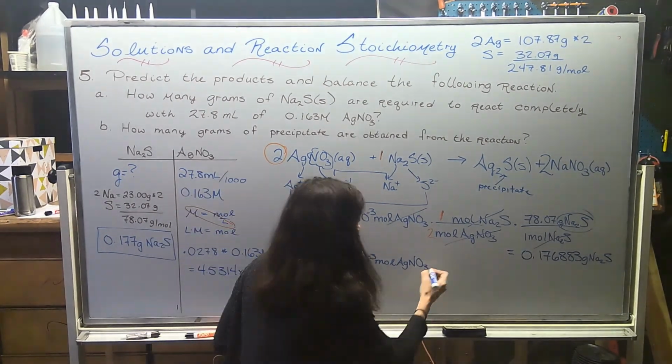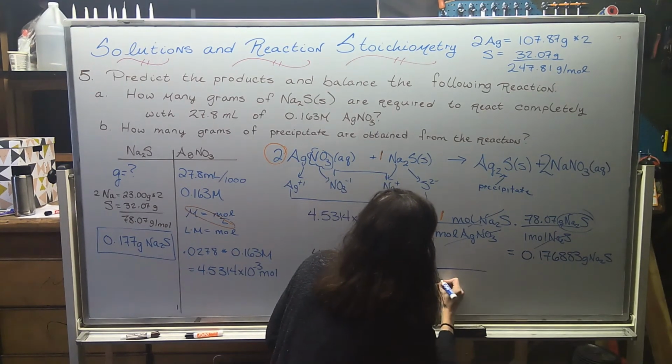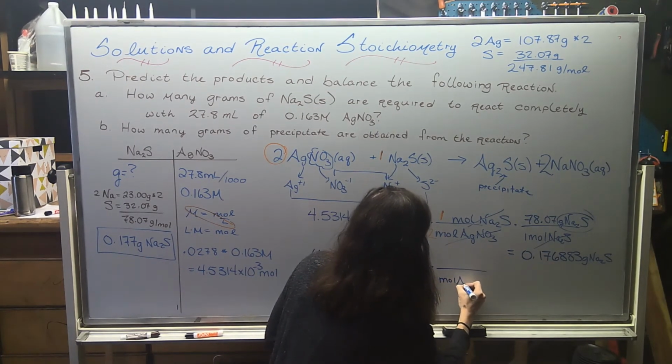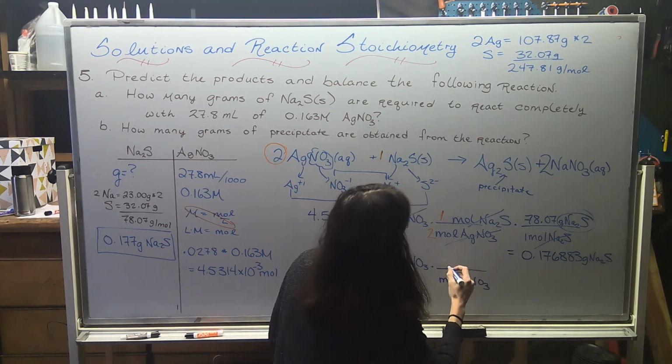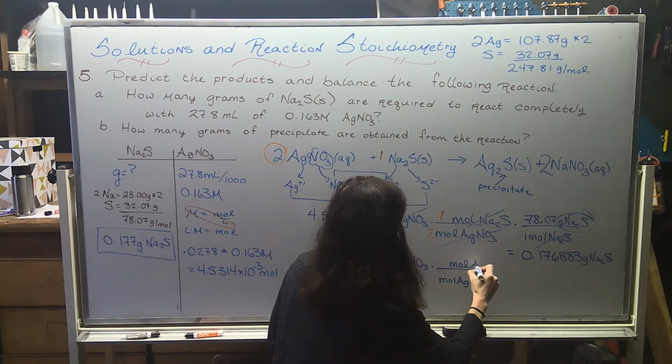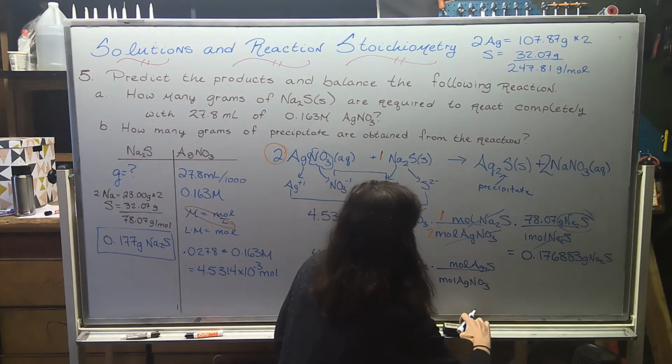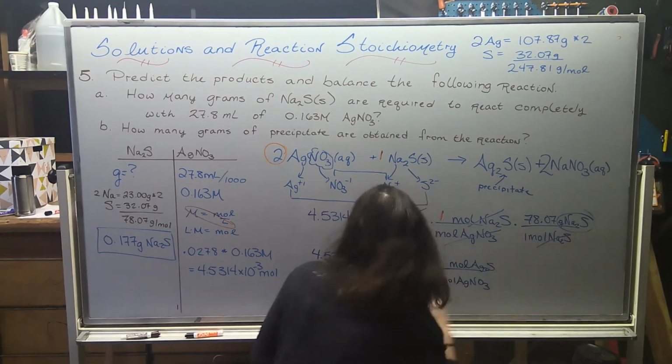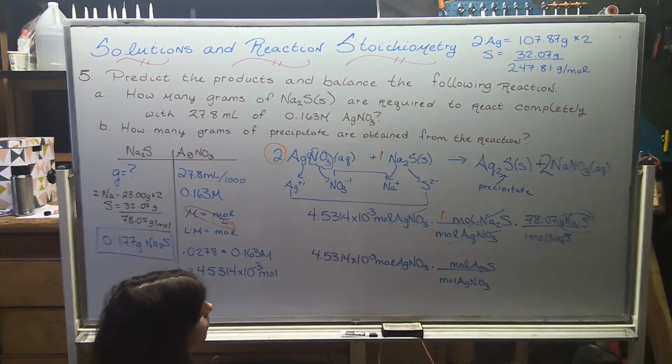So I'm trying to get rid of moles of silver nitrate. And I would like to turn it into moles of silver sulfide. And I need to look at the coefficients of my balanced equation.